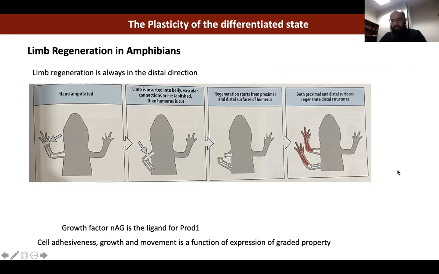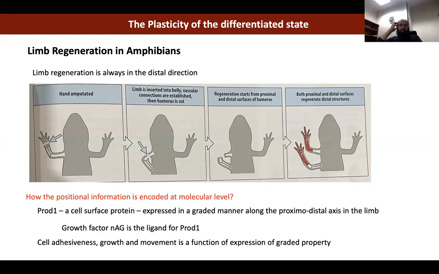So yeah, going into a little bit more detail, now we will study how the patterning is achieved, how the limb knows which direction to grow, and what are the factors that regulate that.